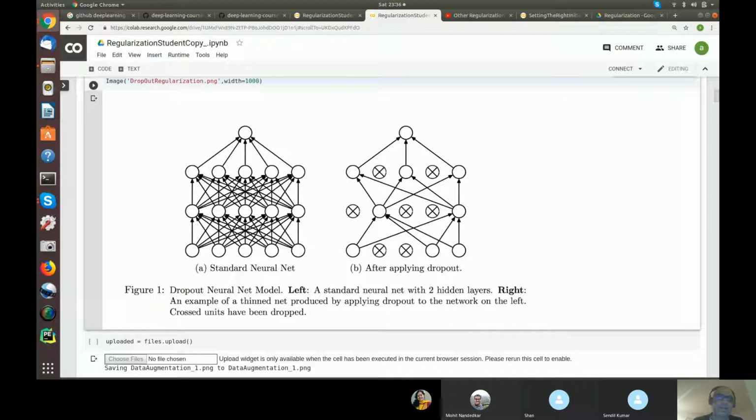And the way it's done is that during one optimization cycle, when you are feeding the data, you have the forward pass, where the data goes through the entire network and makes the prediction.